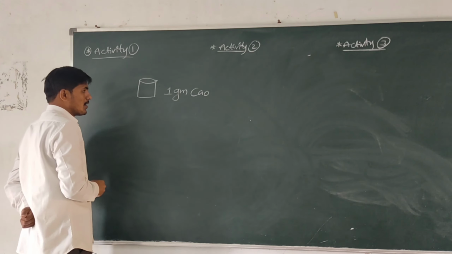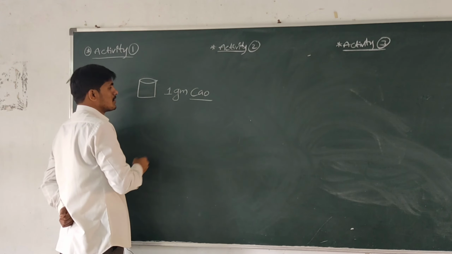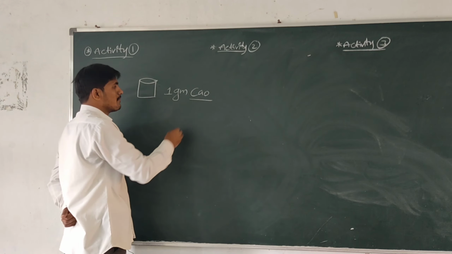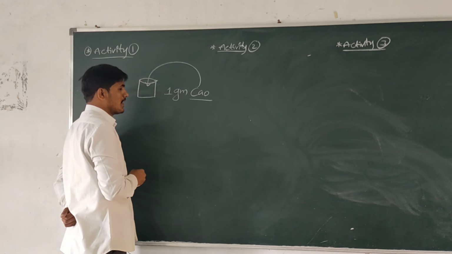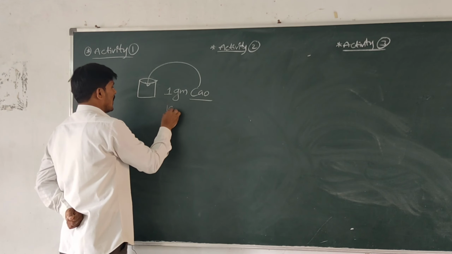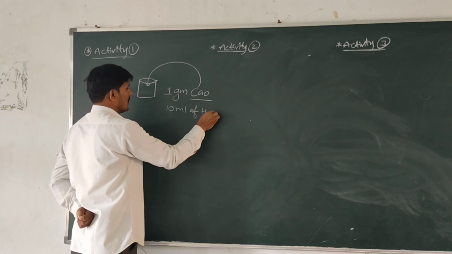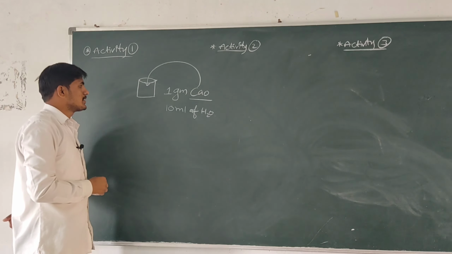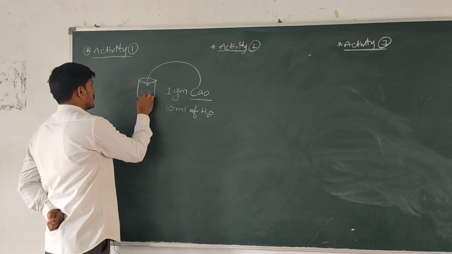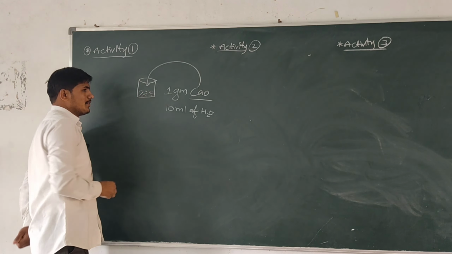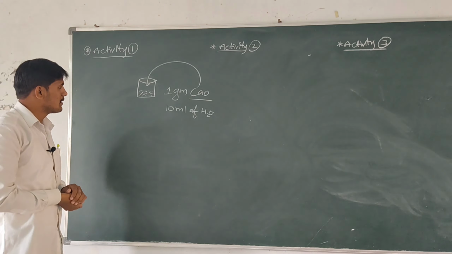Add 1 gram of calcium oxide into the beaker and add 10 ml of water. Here the chemical reaction takes place between the calcium oxide and the water, and heat will be evolved in this chemical reaction.